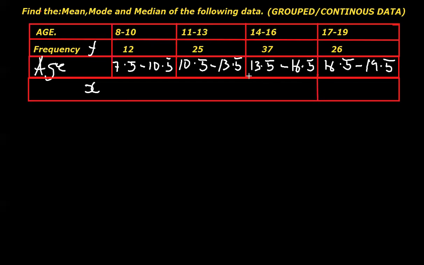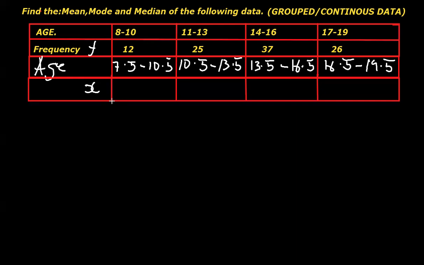For example, if I talk about the group 14 to 16, we have 37 values in that group. So it's continuous in that group. The same applies to 11 to 13. There's continuity. We don't have discrete values. In another video, I'm going to explain how you get the mean, mode, and median of discrete data. And that should be the simplest.